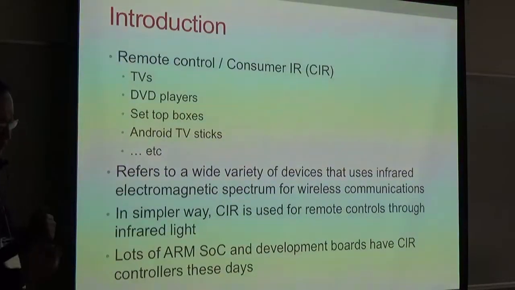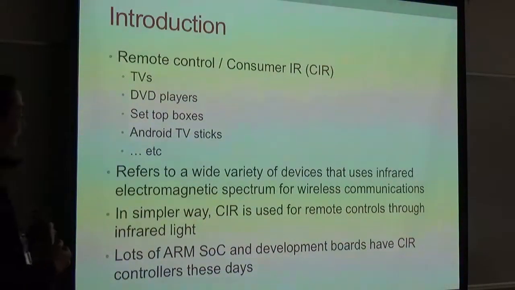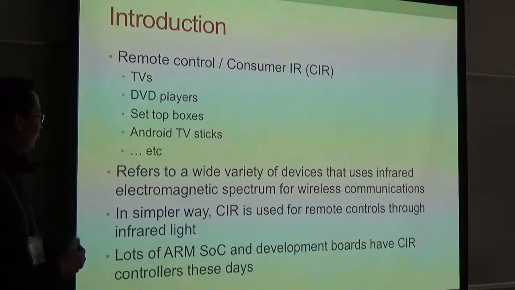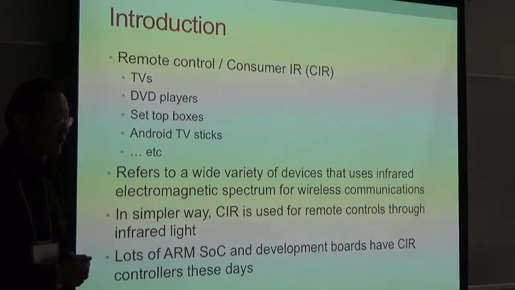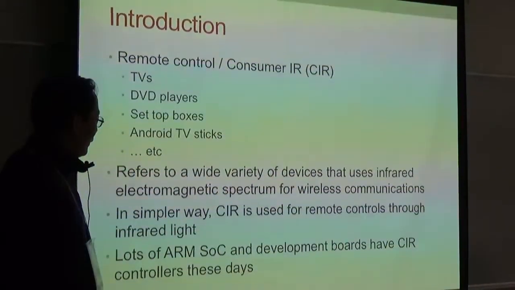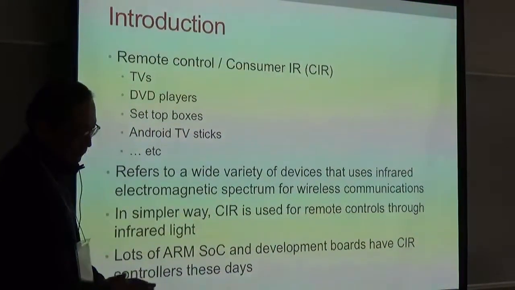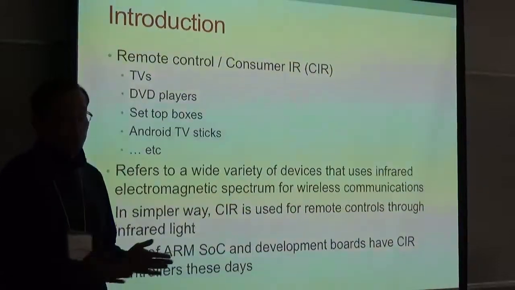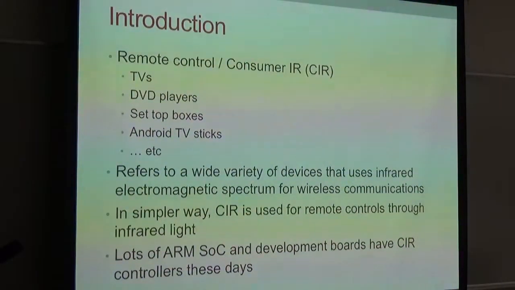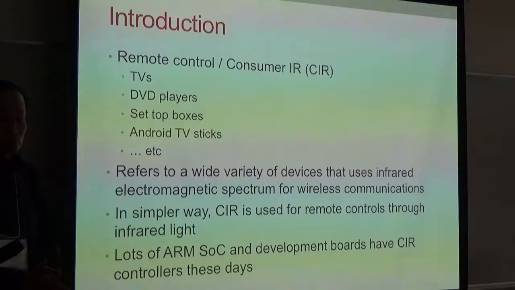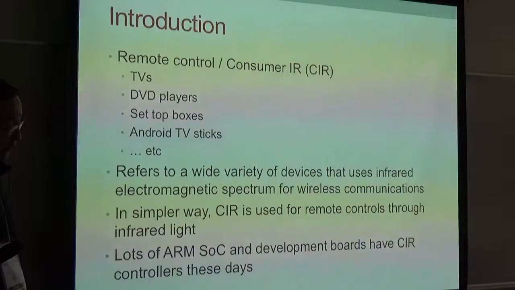What CIR is, according to Wikipedia, refers to a wide variety of devices that use the infrared electromagnetic spectrum for wireless communications. It looks complex, but in a simple way, CIR is used for remote controls with infrared light.